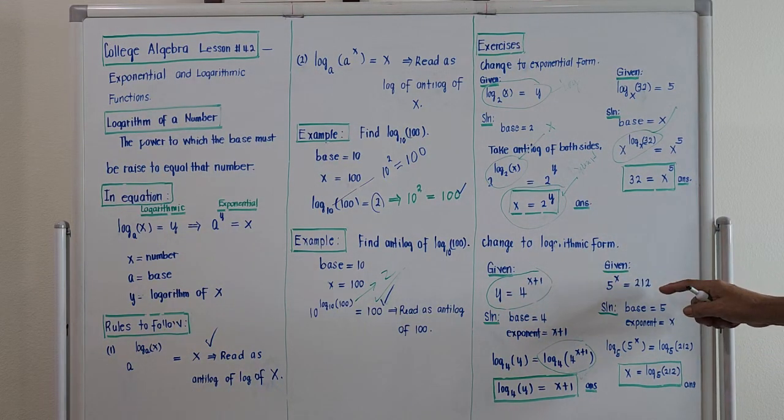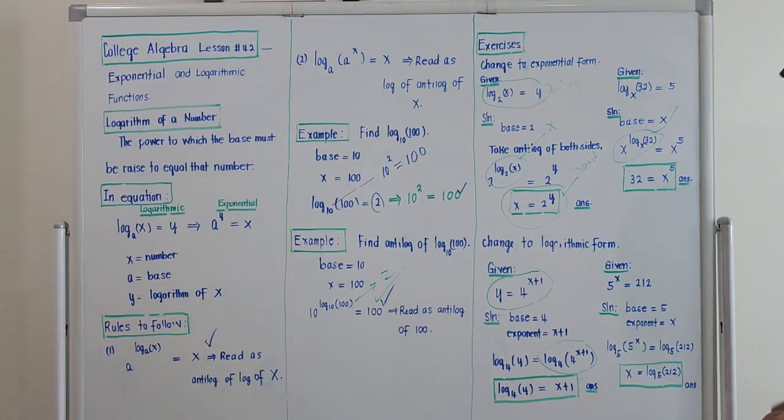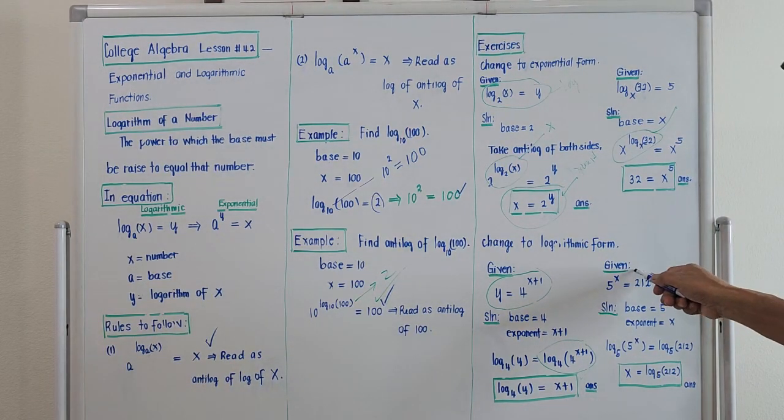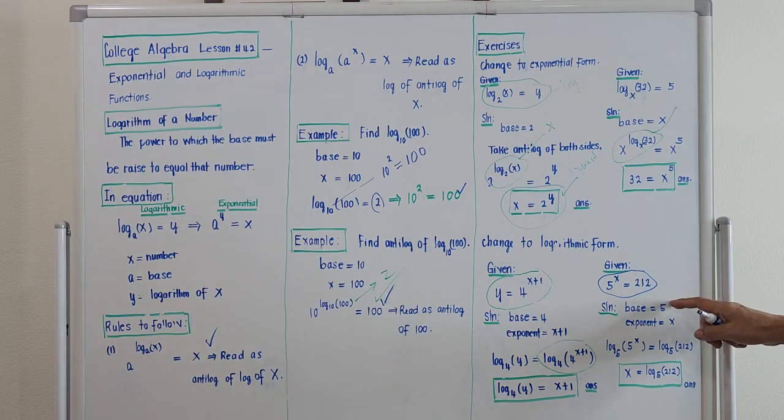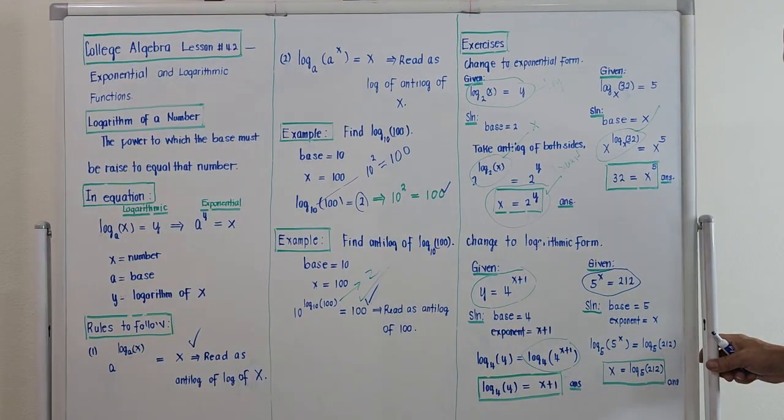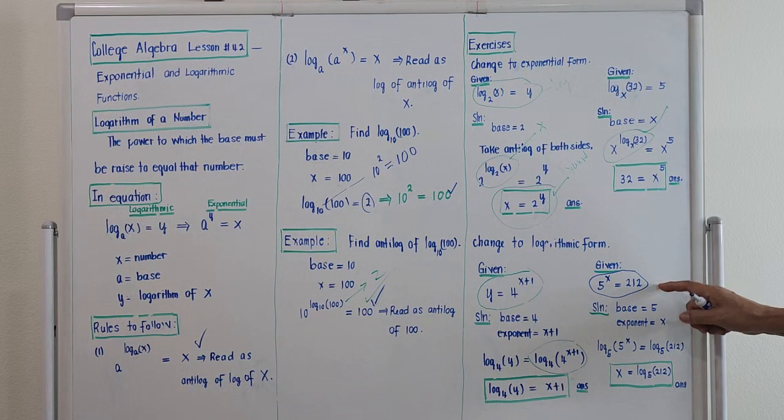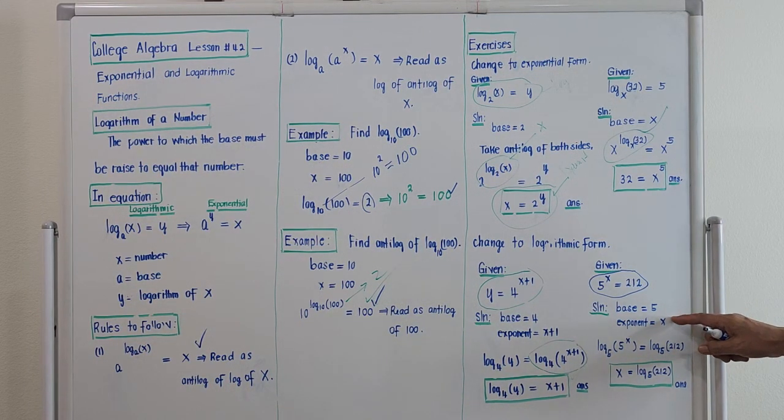Last one. 5 to the x is equal to 212. This is an exponential equivalent, right? The base is 5 and the exponent is x.